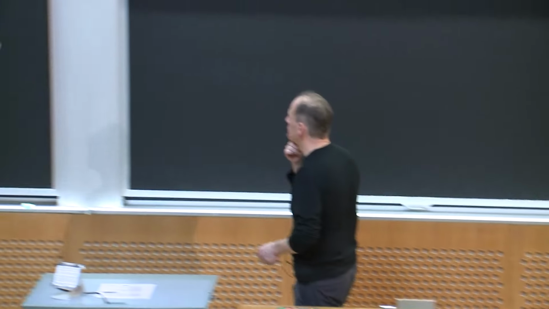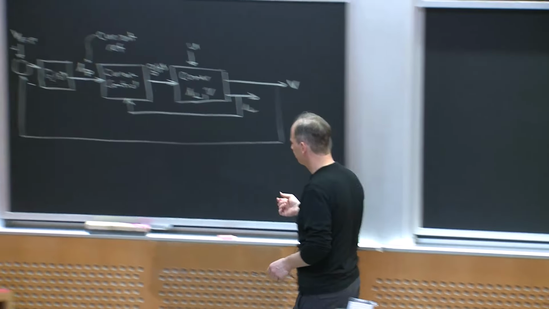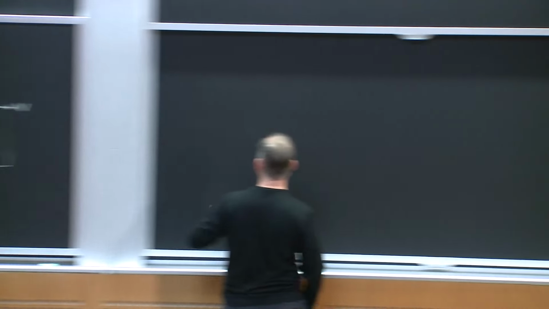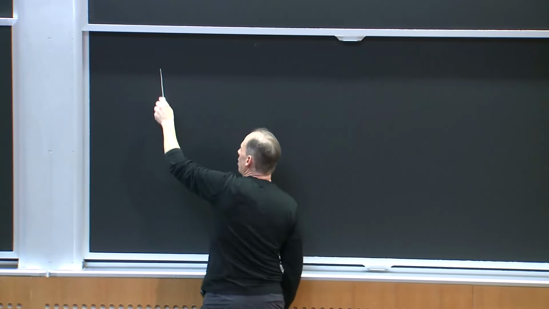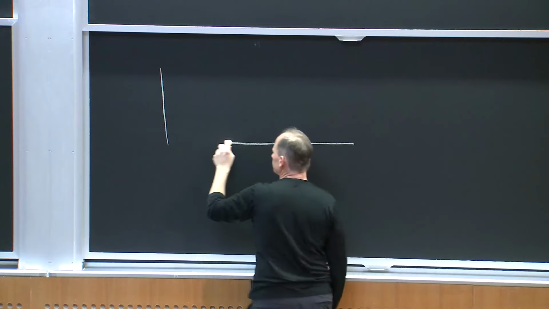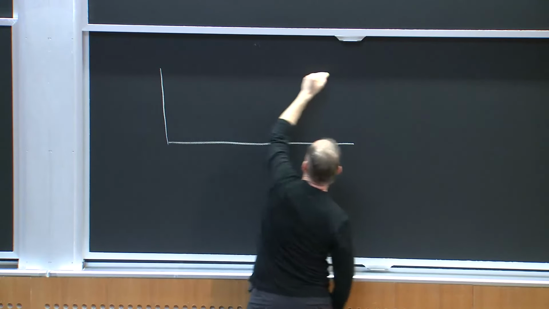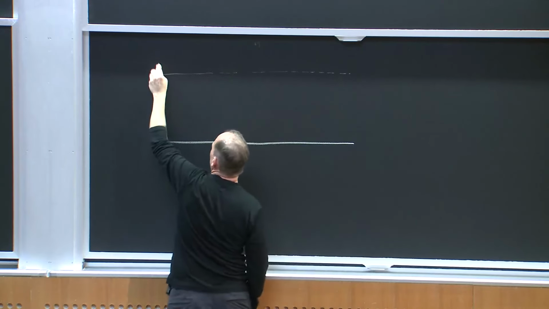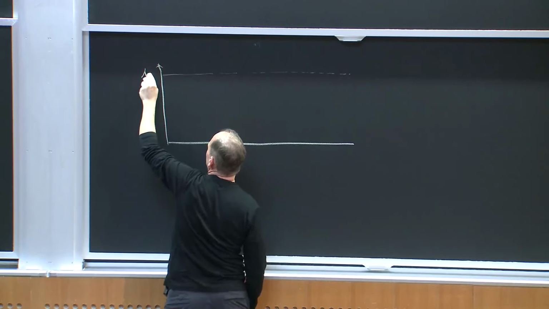All right. So, how does this scheme work? Let me show you the basis of the scheme. It looks something like this. I'm going to have a current reference. Here's my current reference. Let me call this I peak.